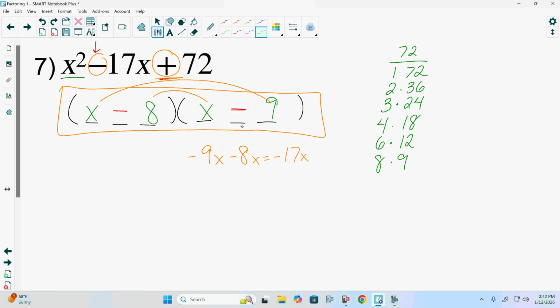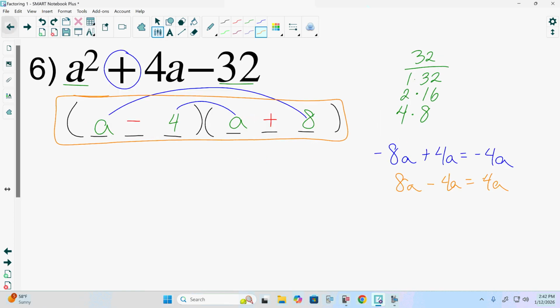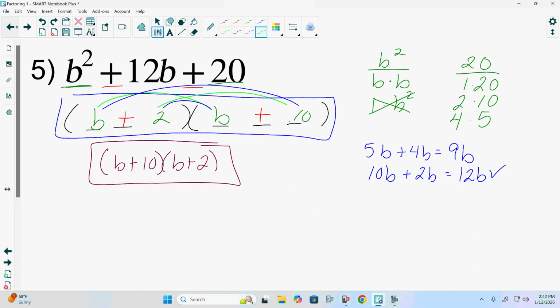When multiplying, they turn into a positive. Now, if both of the middle terms were positive, it stays positive, and when I multiply a positive and a positive together, it's still positive. So that's kind of how we can tell.